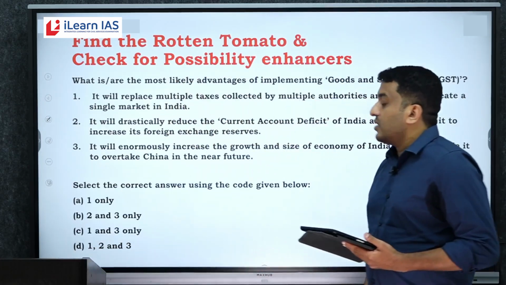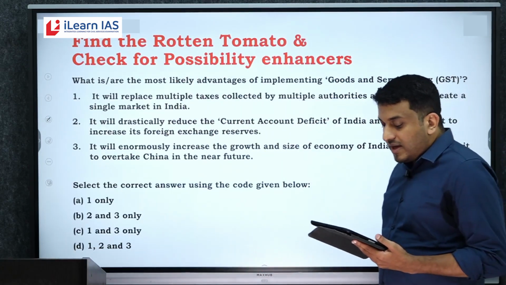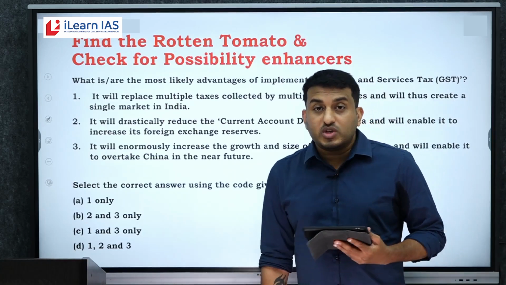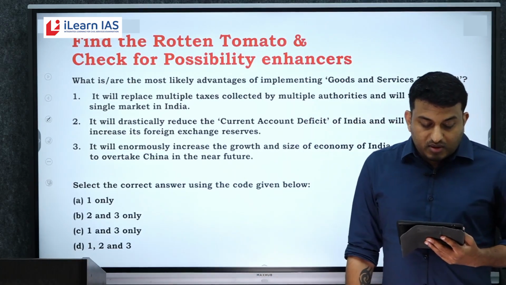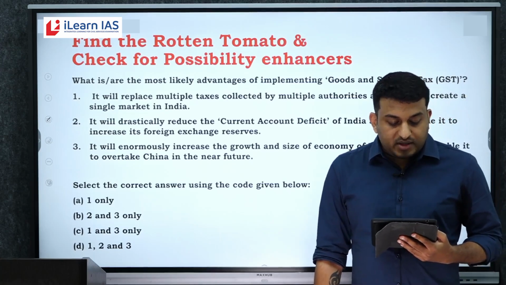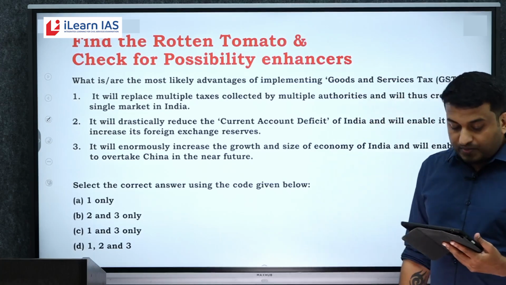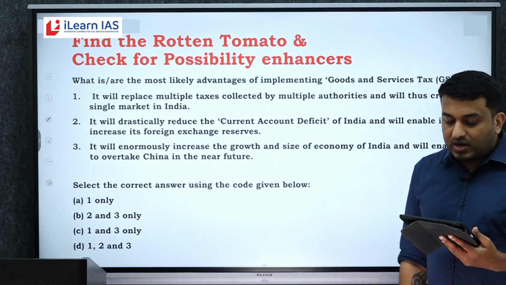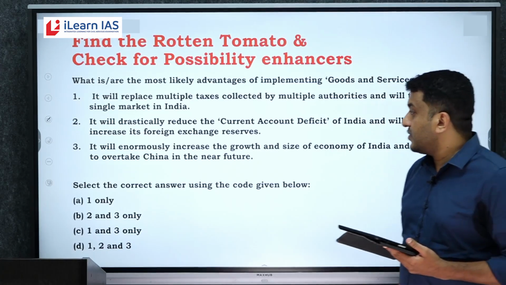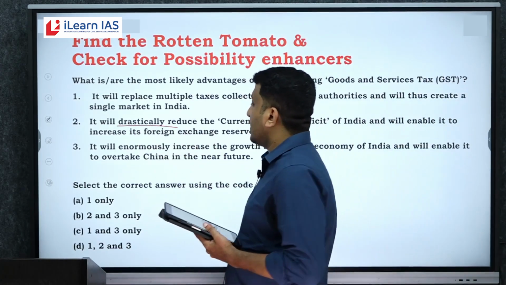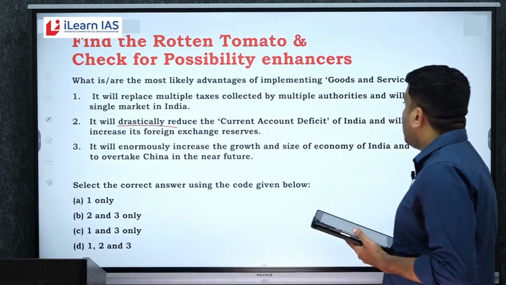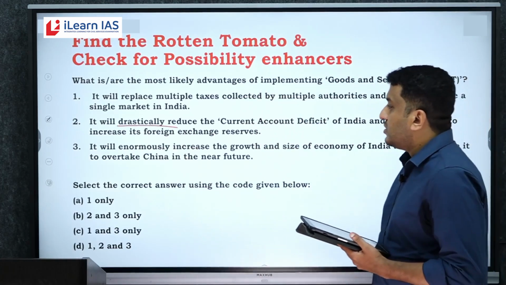Next question. What is or are the most likely advantages of implementing GST? Now if you read statement 2 and statement 3: statement 2, it will drastically reduce current account deficit, again drastically, and will enable it to increase its foreign exchange reserve.